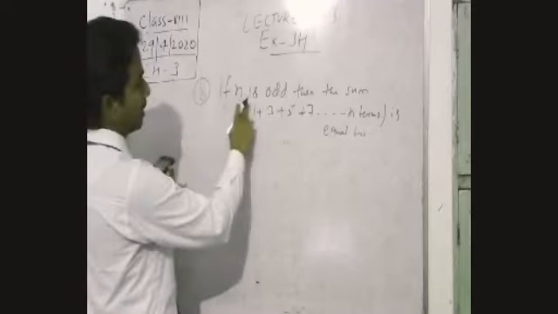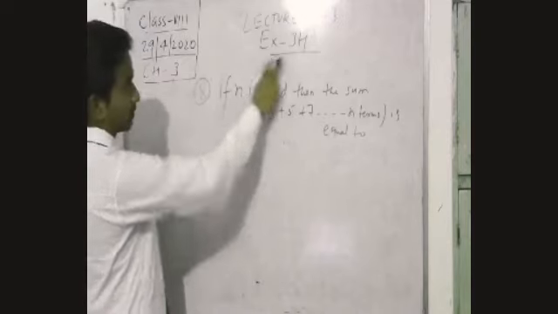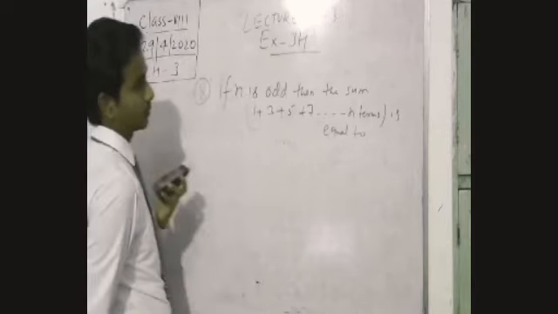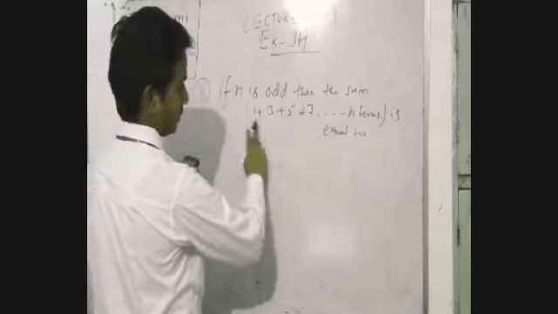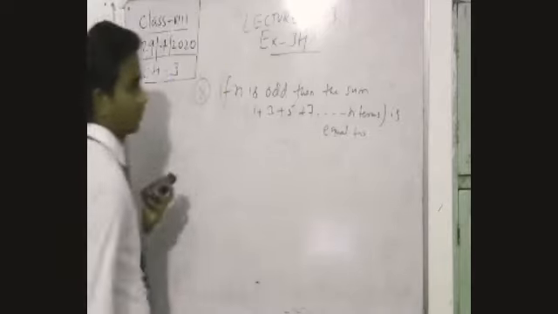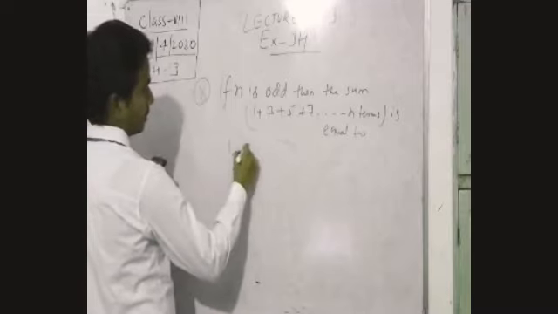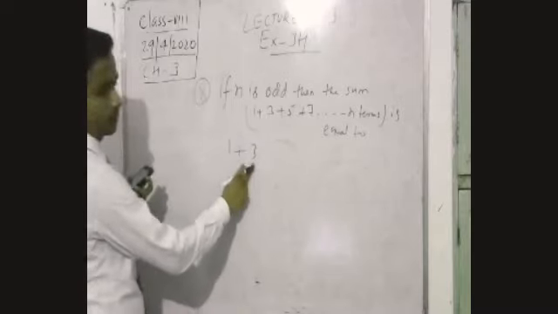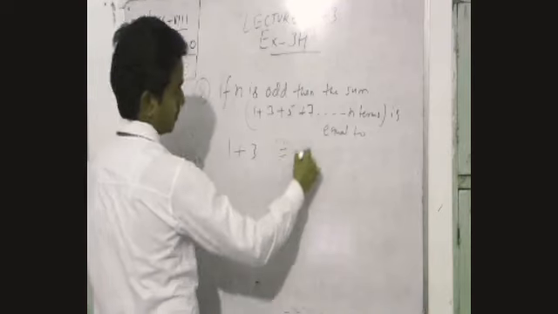Question number 8 of exercise 3H: if n is odd, then the sum of the digits 1 plus 3 plus 5 plus 7 up to nth terms is equal to what? To solve this question, just see 1 plus 3 up to 2 terms. What is the sum? 4.